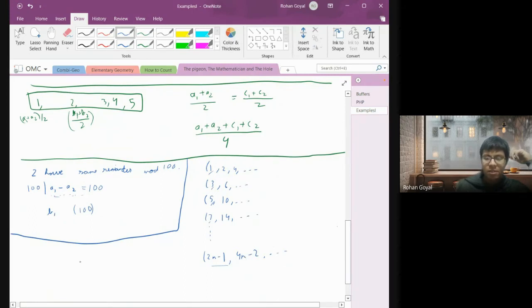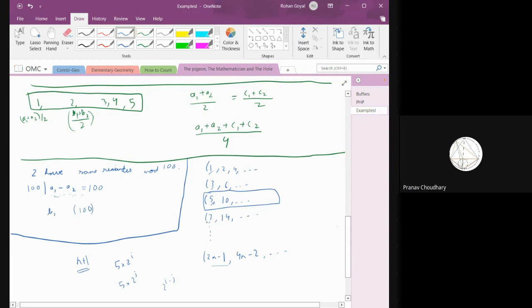Now, because you have n plus 1 numbers being picked, some of those numbers must be from the same set. If they're from this set, then they are 5 times 2 to the i and 5 times 2 to the j, which obviously divide one another, because one is just 2 to the i minus j times the other.